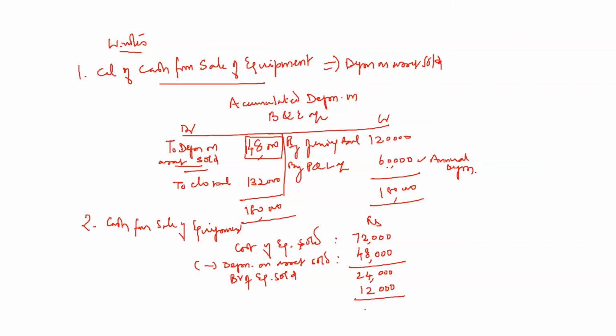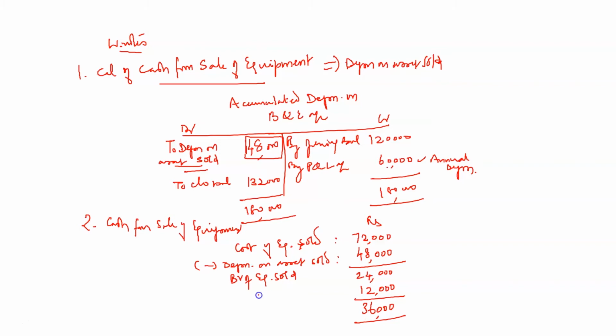What is that price? Because the worth of the asset is 24,000, you made a profit of 12,000, which means the sale price, or the proceeds from sale of equipment, should be 36,000.